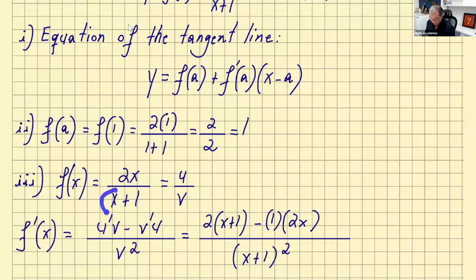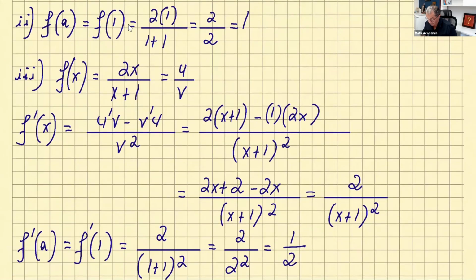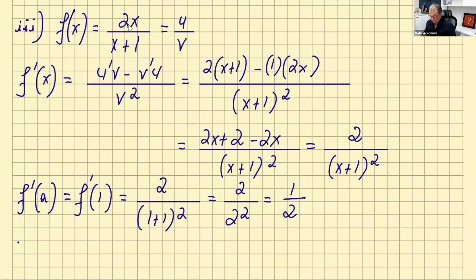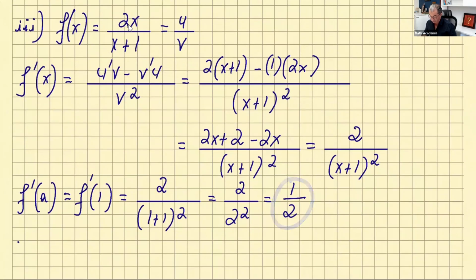Again, the derivative of v is 1 times u, and that's all over x plus 1 squared. If you multiply and combine like terms, this is our derivative, f prime of x, which is 2 over x plus 1 squared. But what we want is f prime of 1, which is the slope. So if you substitute, you get 1 over 2.